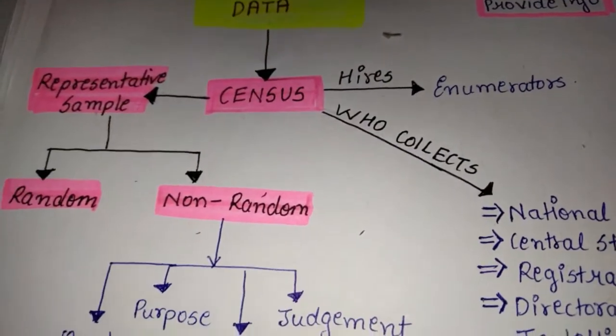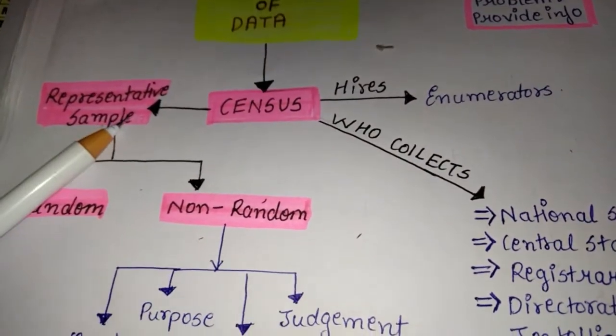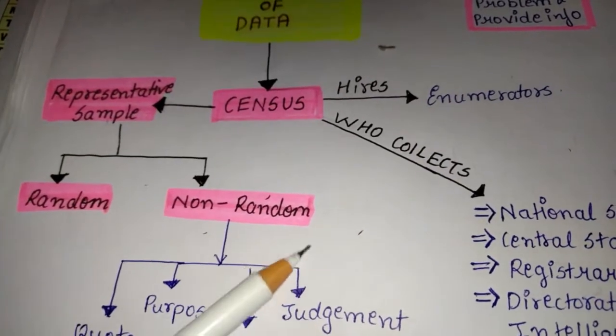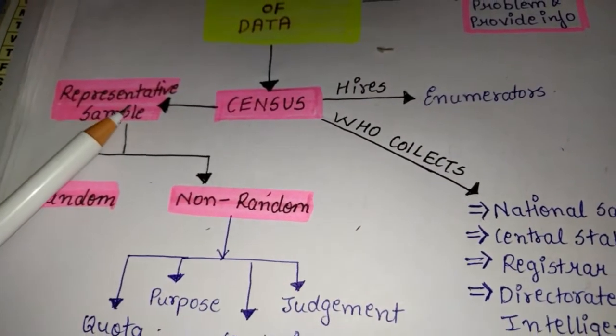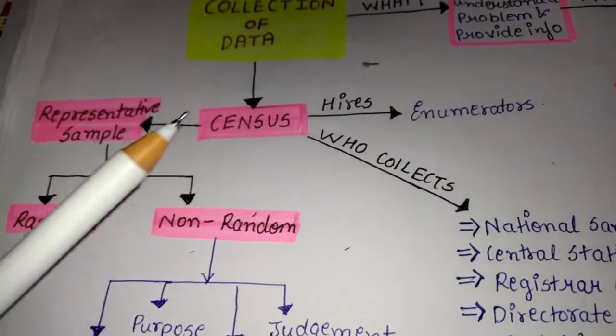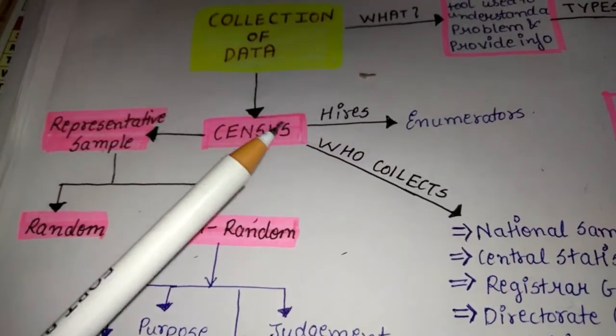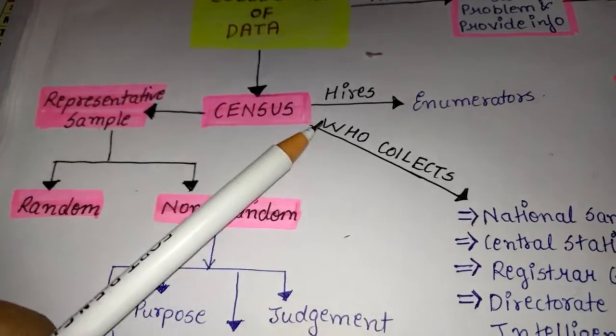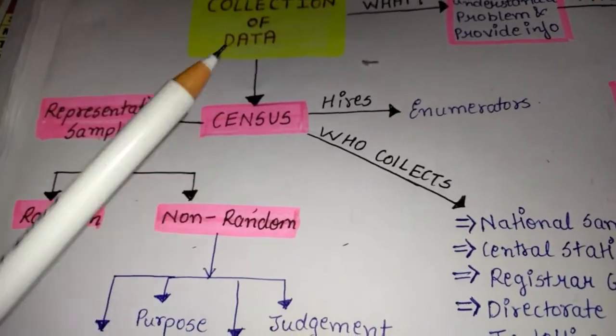Representative samples are when they collect, randomly or non-randomly, a group of people or individuals that can give accurate information or opinions about the survey or census.